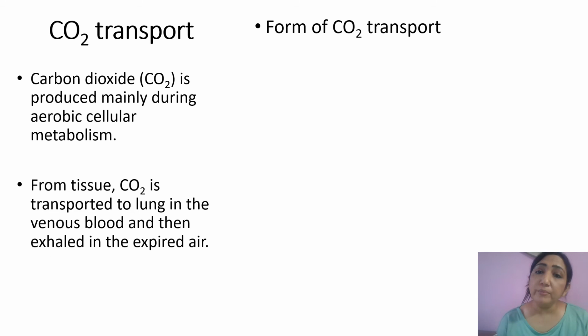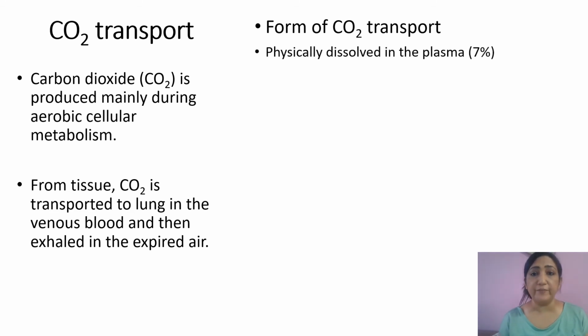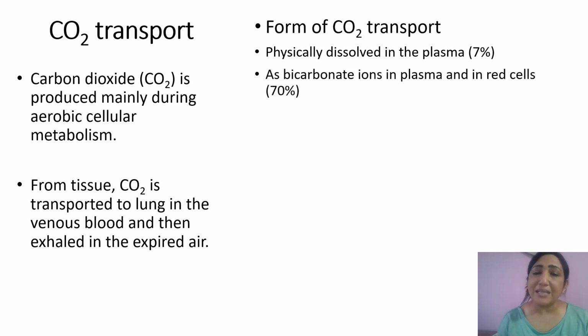The form in which carbon dioxide is transported: first, it is physically dissolved in the plasma, 7%. So a little amount, 7%, is physically dissolved. The maximum amount of carbon dioxide is transported in the form of bicarbonate, that is 70%, present both in the plasma and in the red cell, and that is the main mode of carbon dioxide transport.